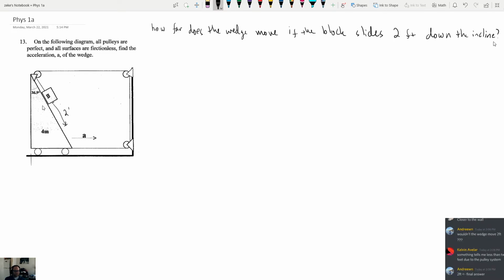Okay, Kelvin says less than 2 feet. Andrew thinks it's exactly 2 feet. What do the rest of you think? Take some time to think about it.